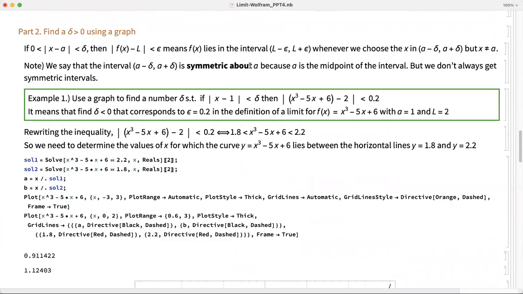But normally, in problems for proving the limit, the intervals must be symmetric. Okay, so that's it for this video. Let me stop here.